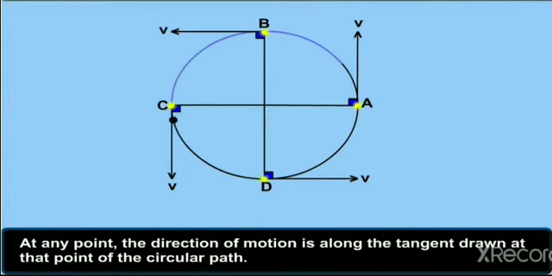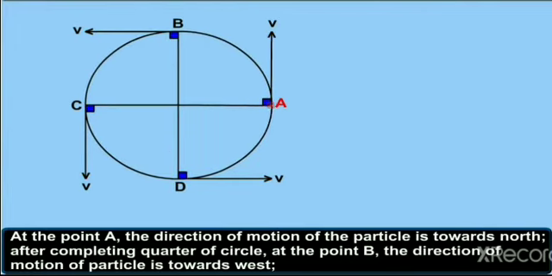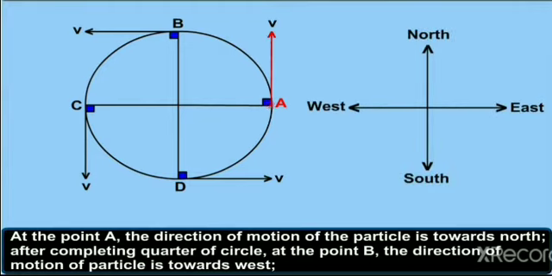At any point, the direction of motion is along the tangent drawn at that point of the circular path. At the point A, the direction of motion of the particle is towards north. After completing a quarter of the circle, at the point B, the direction of motion of the particle is towards west.